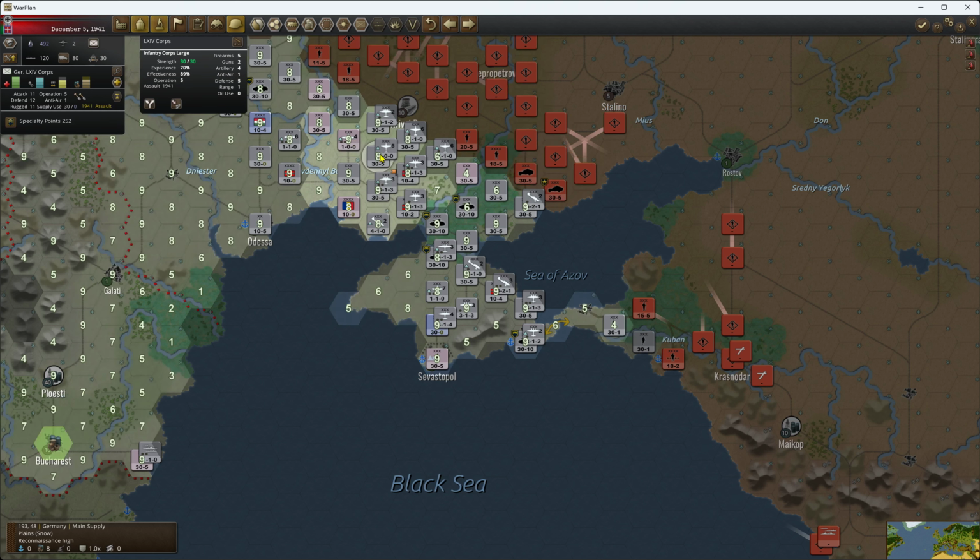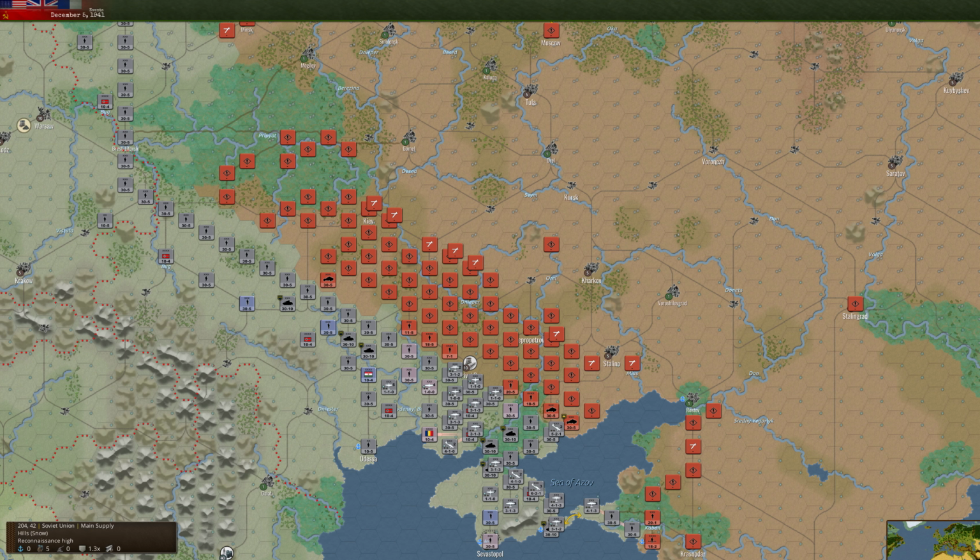And if I can get over at Rostov or anywhere here to break into here, maybe start a minor drive down here just to make sure he sloughs off units to garrison that.